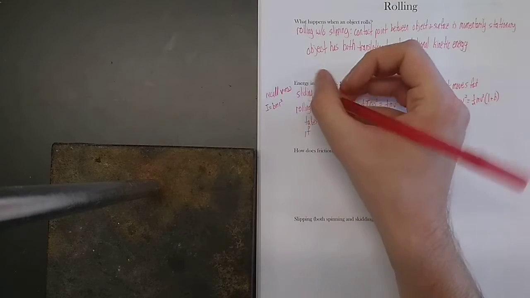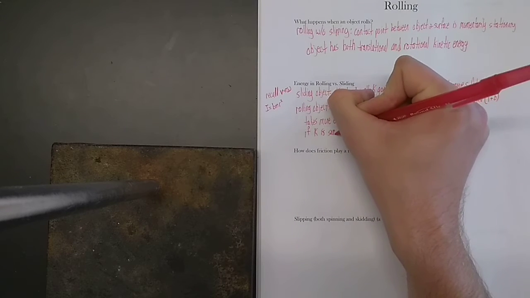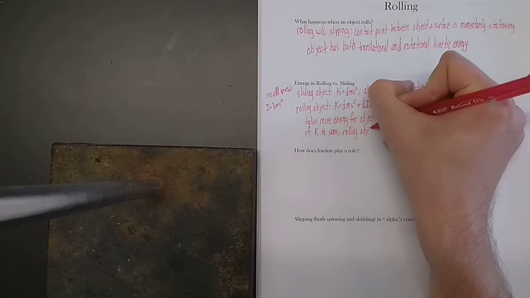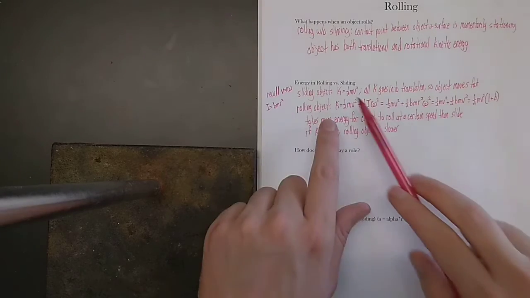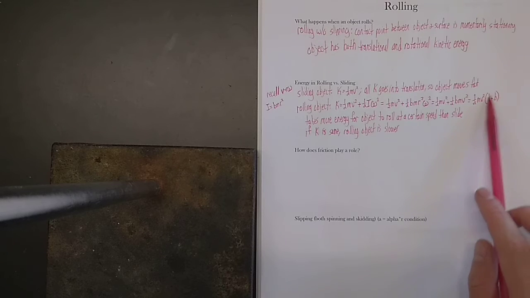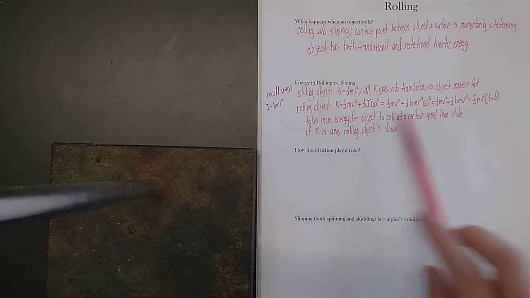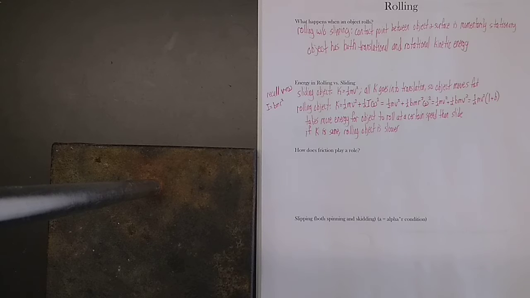Okay, and this term will be bigger than this term given the same v. On the other hand, if the kinetic energy is the same, the rolling object is slower. If we have the same K for both of these, then because this is a multiplier that's bigger than anything over here, it's going to make the v for rolling smaller than the v for sliding, because this extra term getting multiplied has got to be greater than 1.